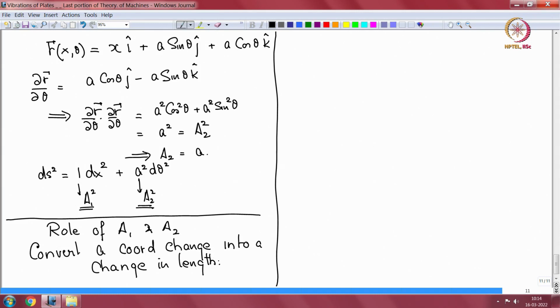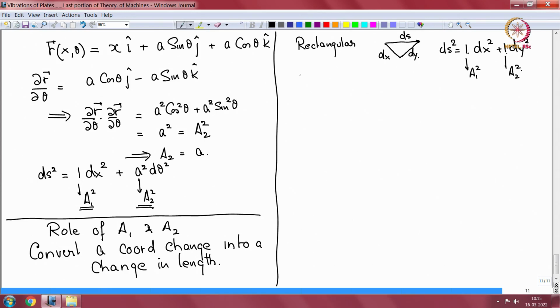Okay, so if we are looking at the rectangular plane case, we had dr, let's say, or ds, this way, then that leads to dx and dy. So ds square is equal to dx square plus dy square. So there is a 1 here and a 1 here, which is A1 square, this is A2 square.